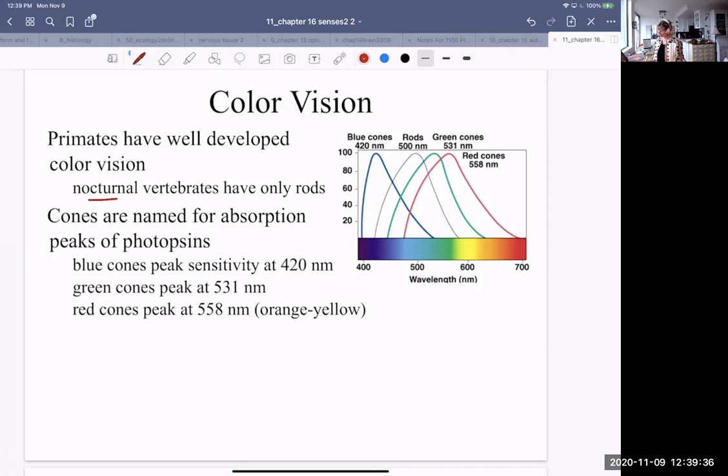Nocturnal vertebrates are those that function at night. That's when they go off and feed, so they need to be sensitive to light. They have only rods. But diurnal animals like us have more cones.